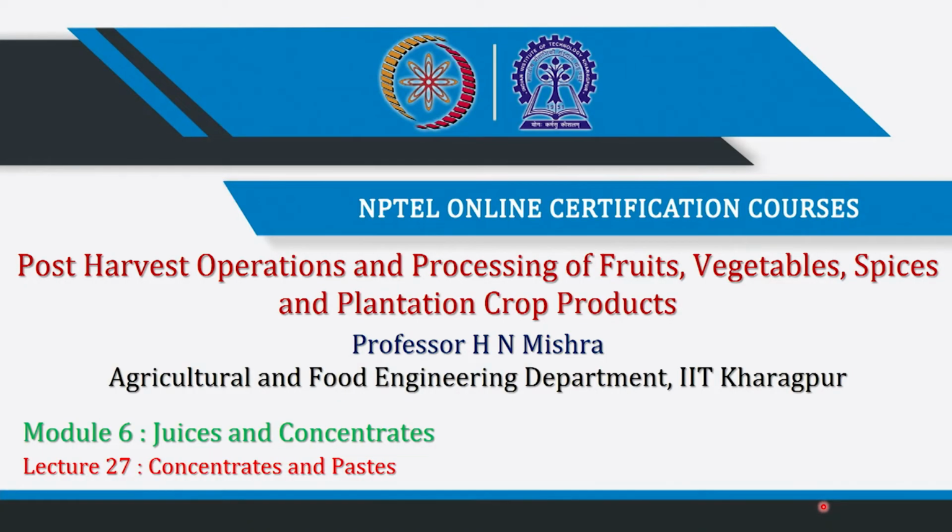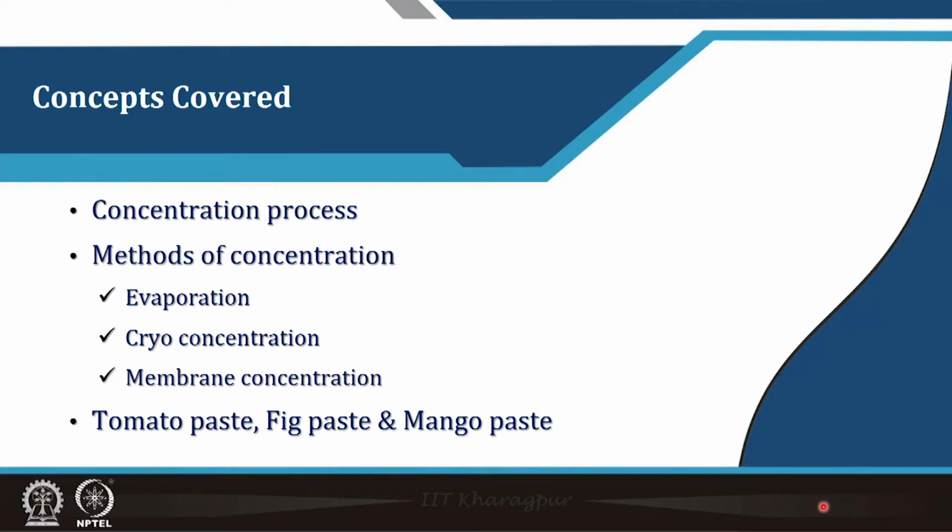Hello everybody. In this lecture, we will discuss manufacturing processes for concentrates and pastes. We will cover the concentration process and different methods of concentration like evaporation, cryo-concentration, and membrane concentration.